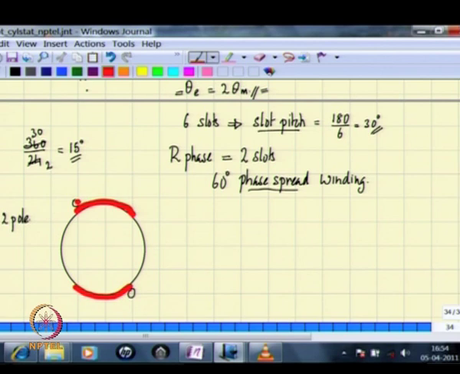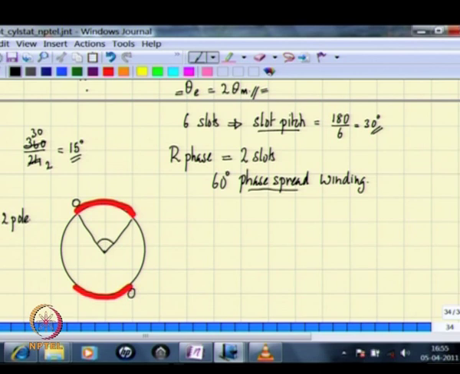So one side goes in and then comes out here, and then is connected to the next conductor going in, coming out, next conductor going in, coming out, and so on. So this is then your phase spread. If you take the center, this angle is called the phase spread for this R phase. Similarly, you will have a Y phase and a B phase to cover the entire circumference of the stator.